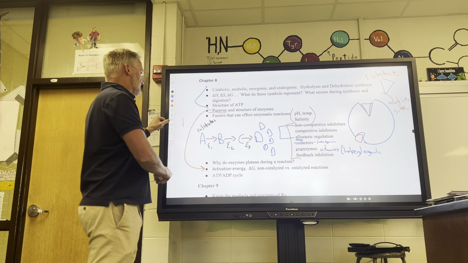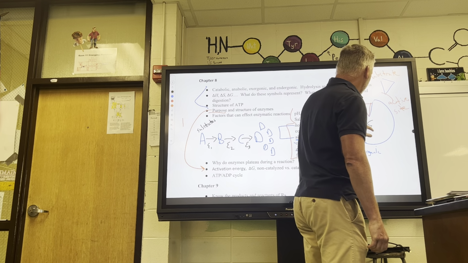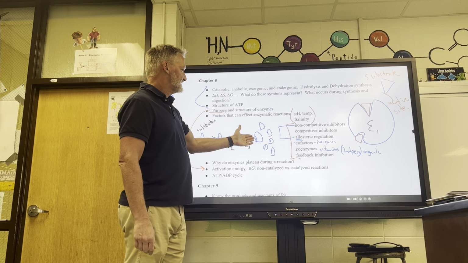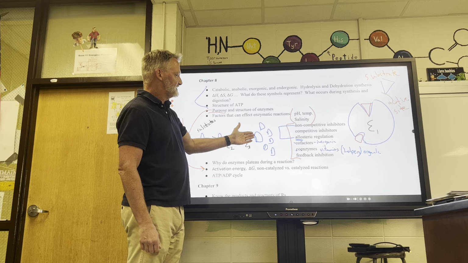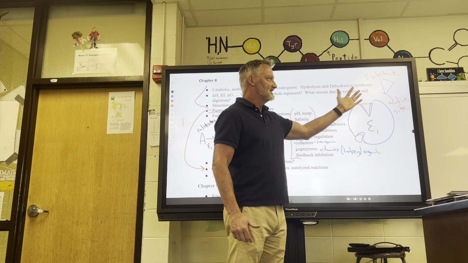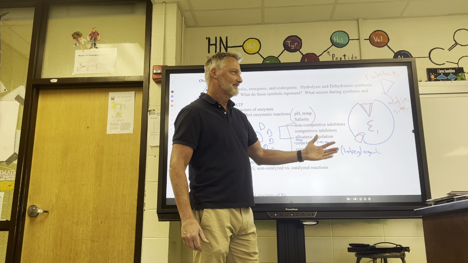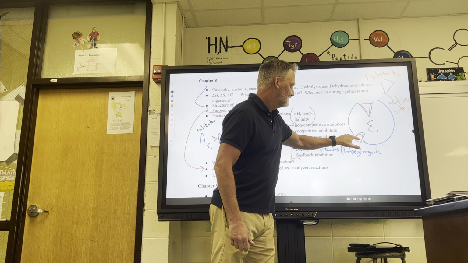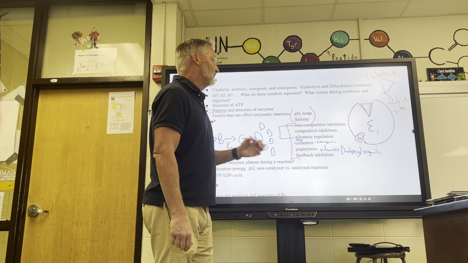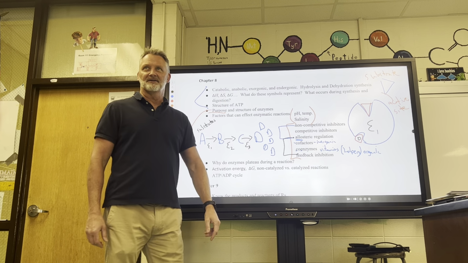So let's say this is enzyme 1, and this is substrate D. Where on here would substrate D be? It's a non-competitive, right there. So it's allosteric. Allosteric is feedback inhibition.